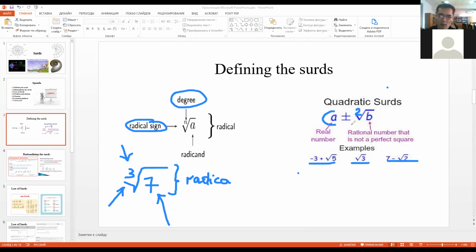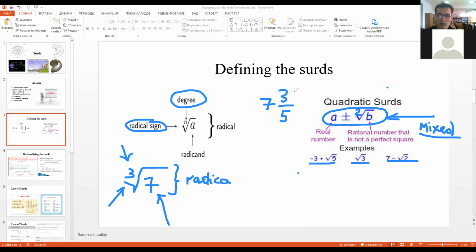And the sum of a real number and a surd is called a mixed surd. This is a mixed surd. You know mixed fractions, for example, 7 whole 3 divided by 5.